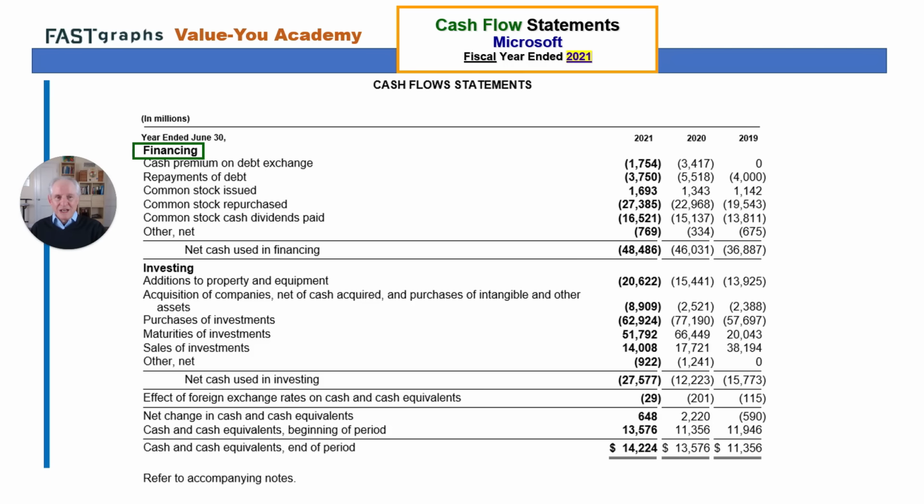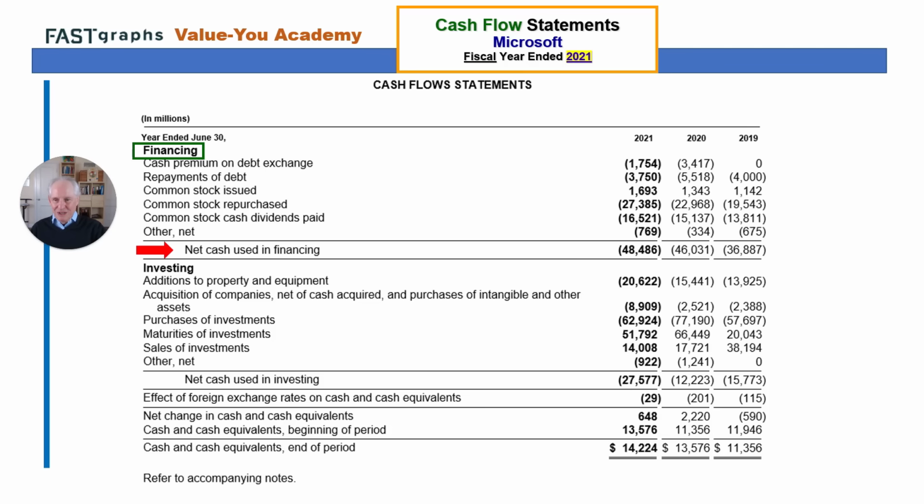If it's not in brackets, they brought it in, and they used a lot of it. 48.5 rounded up was used in financing. The big one is common stock repurchases, 27. Common stock cash dividends paid, 16.5. And some other things, repayments of debt and other things.